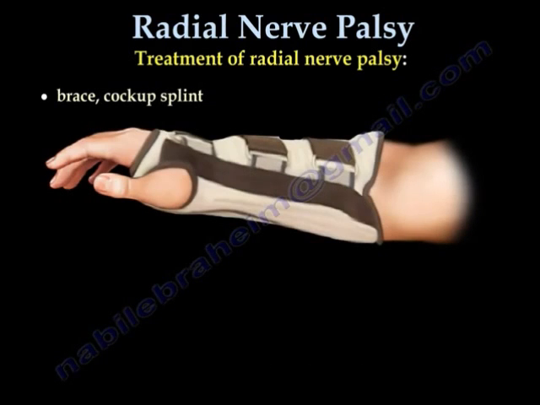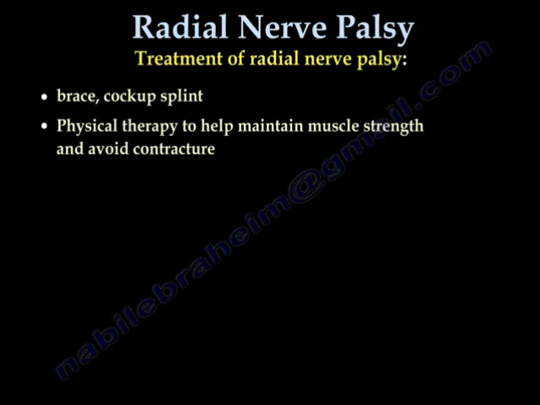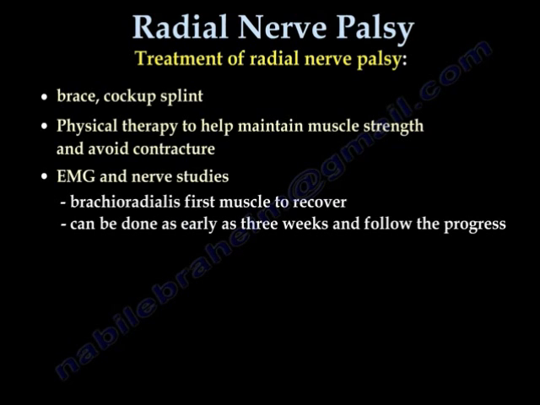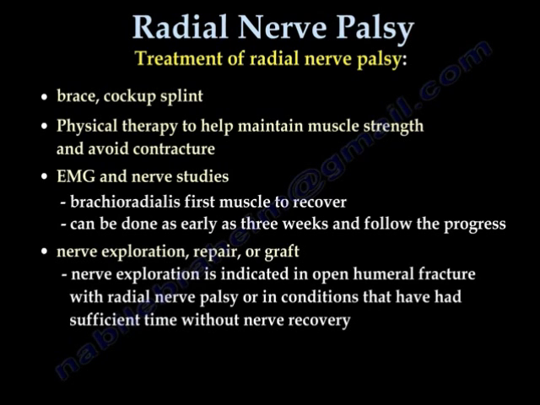Treatment of radial nerve palsy: bracing with splint. Physical therapy to help maintain muscle strength and avoid contracture. EMG and nerve conduction studies, brachioradialis first muscle to recover, can be done as early as 3 weeks and follow the progress. Nerve exploration and repair.